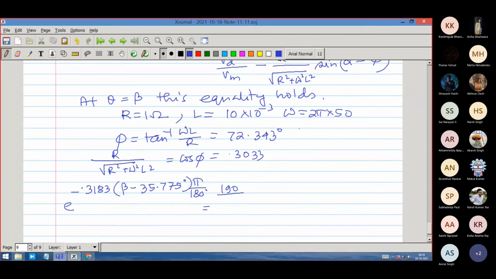Vd by Vm is 190 divided by 325, which is equal to 0.5846. So let me write it here: 0.5846 minus 0.3033 into sine of, not theta, it is beta. At beta they are becoming equal.